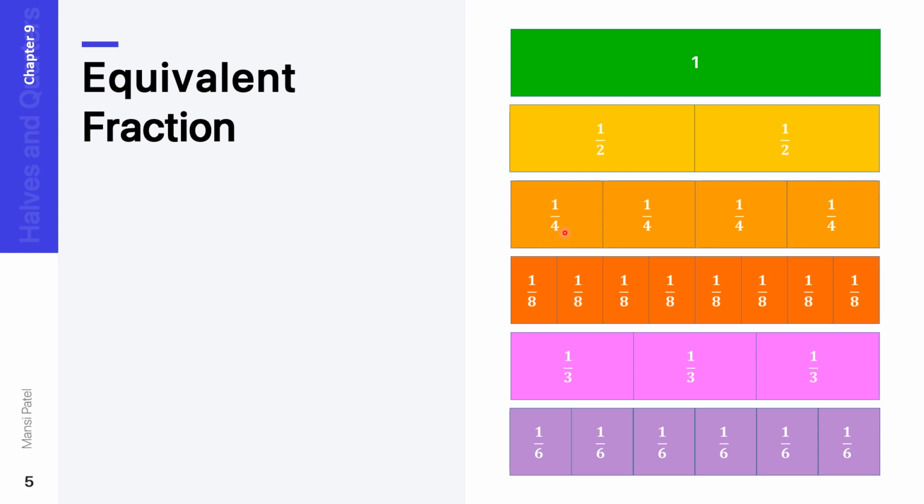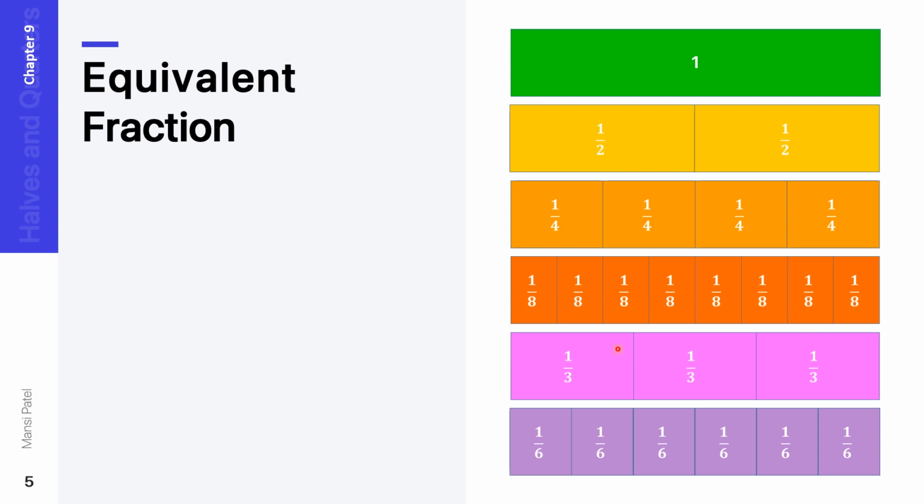Again, we divide each 1 upon 4 into two equal parts, so each part is 1 upon 8. In 1 upon 8 you can see there are a total of 8 equal parts, and all these parts are the same.